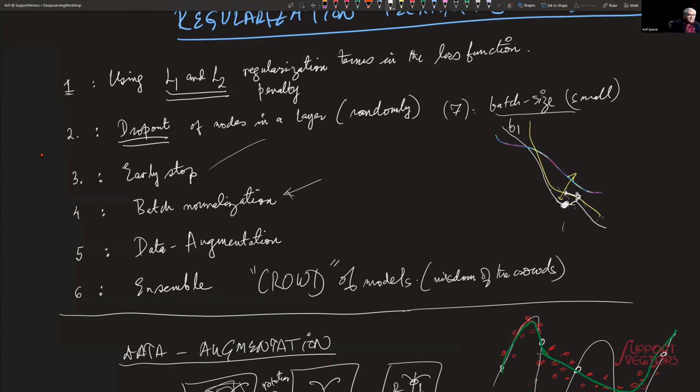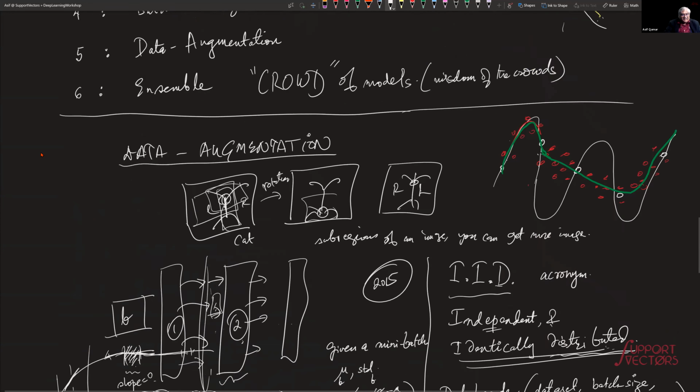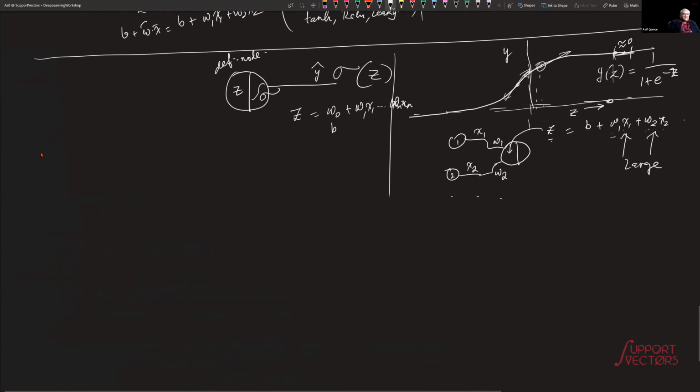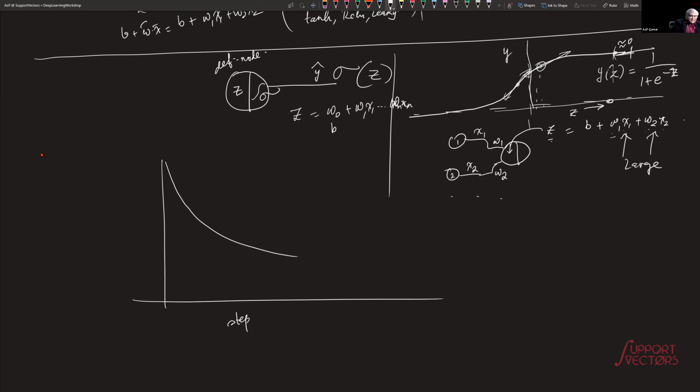The next thing is early stop. So if you look at the training process with early stop, the wisdom is that after a little while, say, it is like this. The training loss, by let's say the number of steps, keeps on going down. You keep on training and it keeps going down.